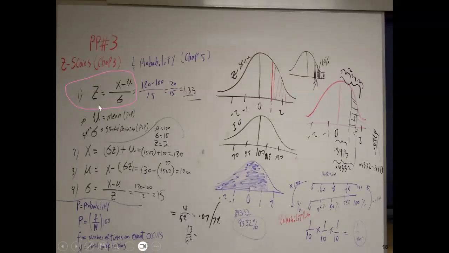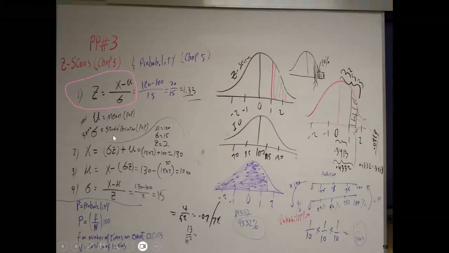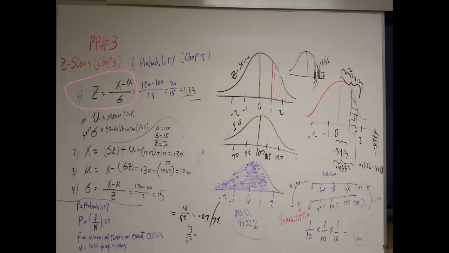That's the main formula. But first of all, mu is the mean of the population, and we use it when we work with the population standard deviation. Like IQ, where the mean or average score of the population is 100, and the standard deviation for the population is known.